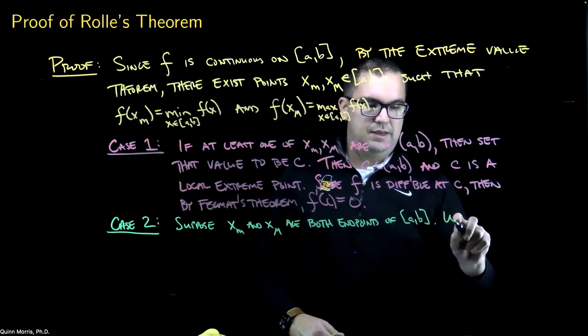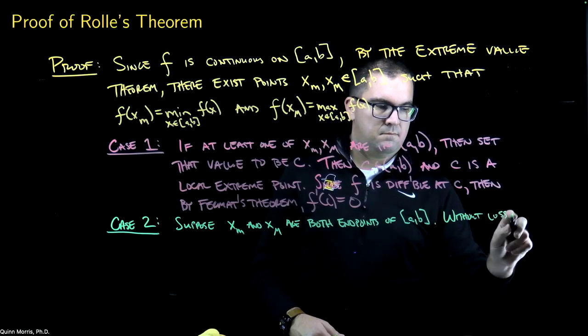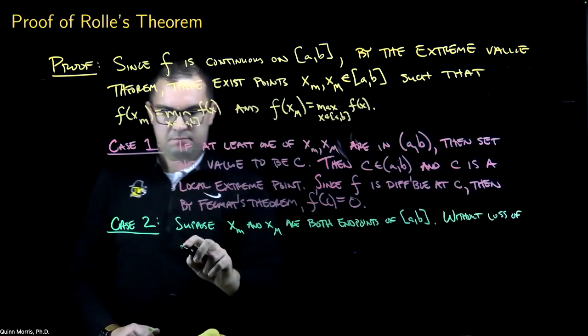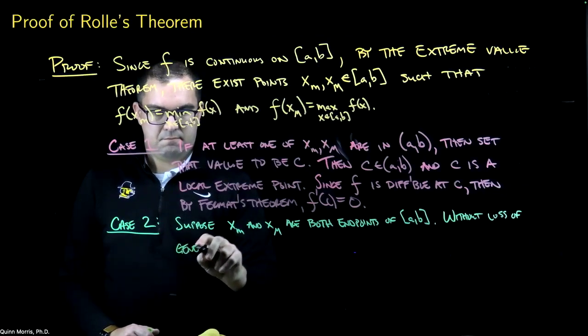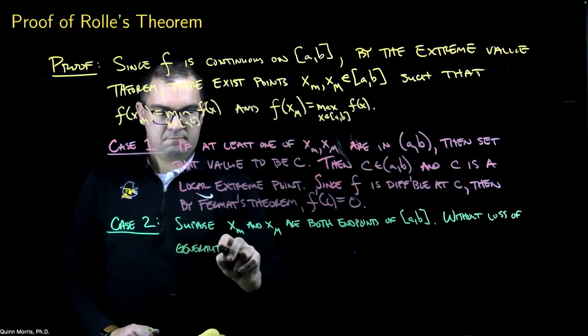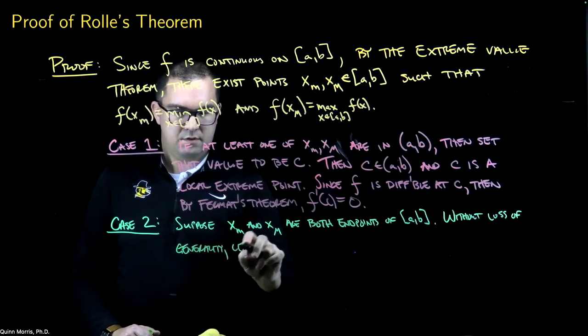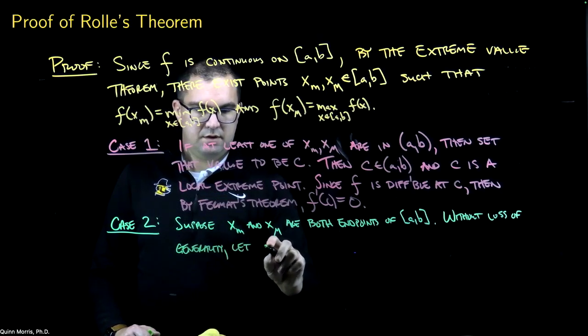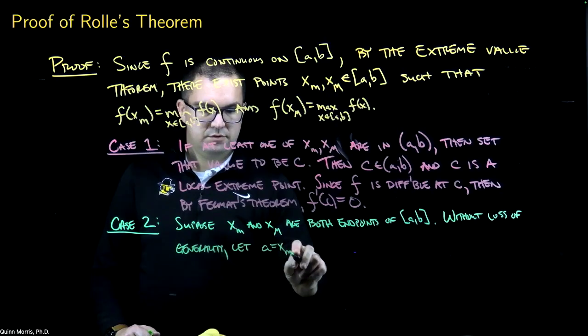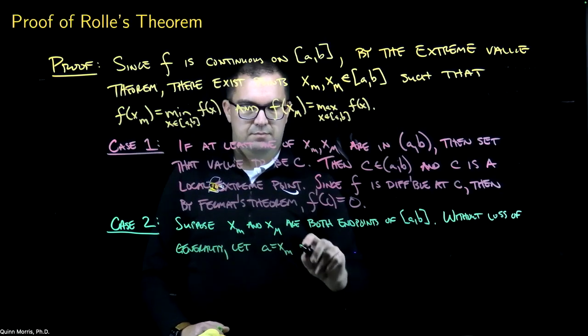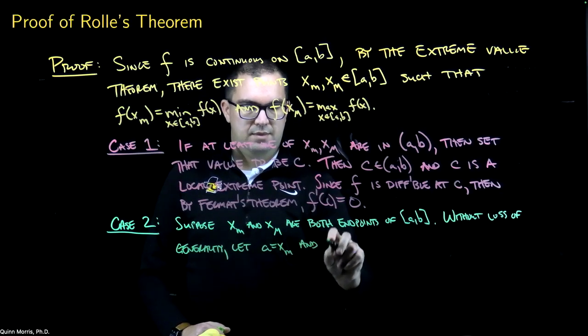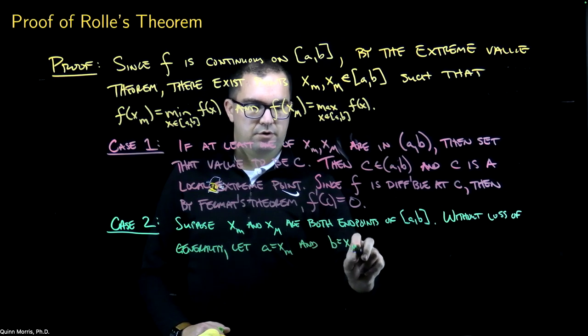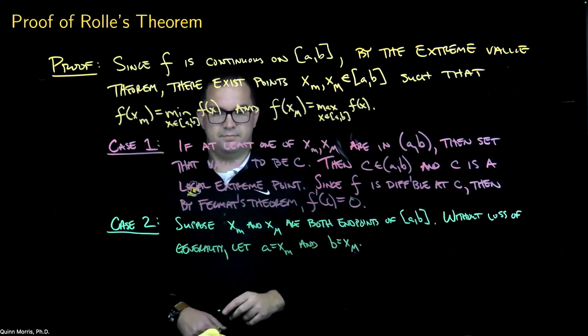Without loss of generality, let the minimum value occur at the left endpoint and the maximum value occur at the right endpoint.